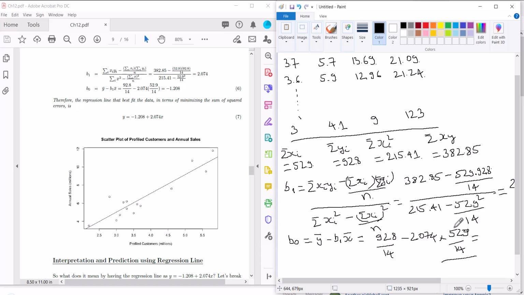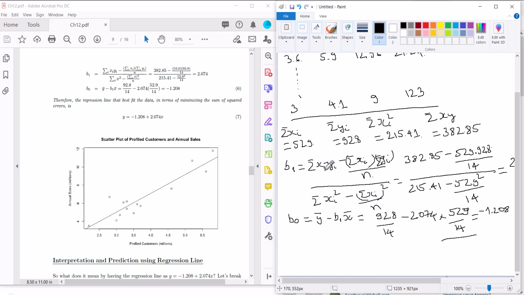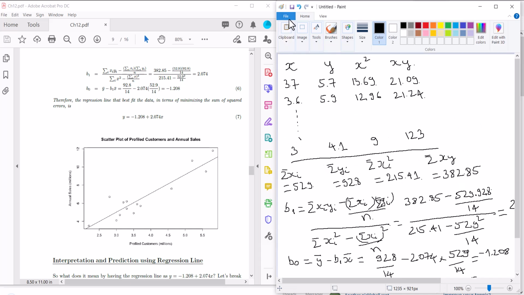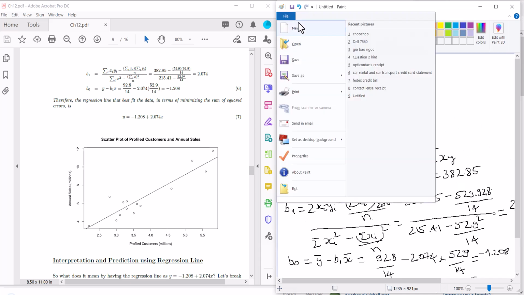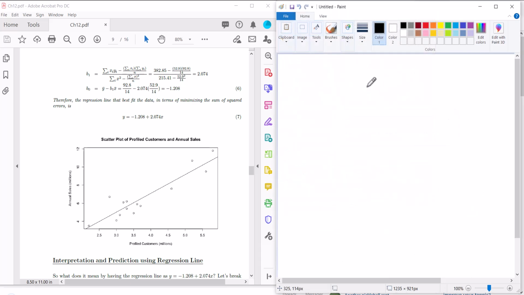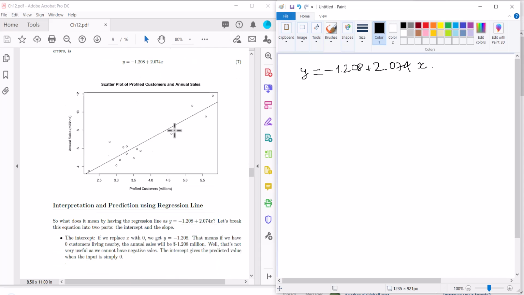And that should give us minus 1.208. So the formula for the best fit line, the simple linear regression line, is going to be y is minus 1.208 plus 2.074 times x. So this is the equation of the best fit line.